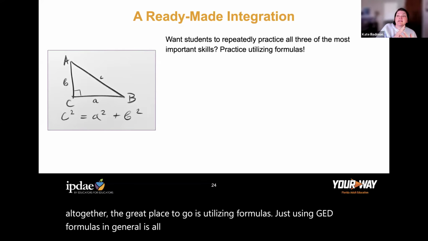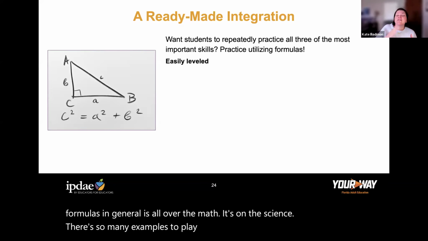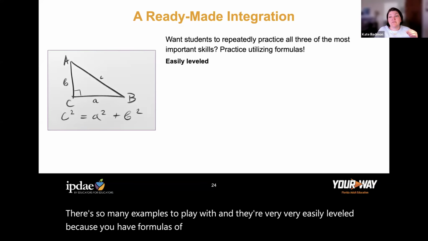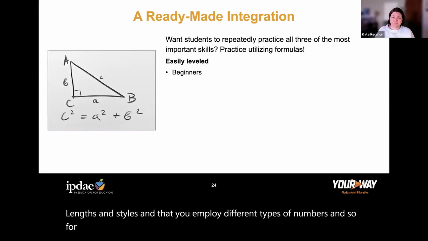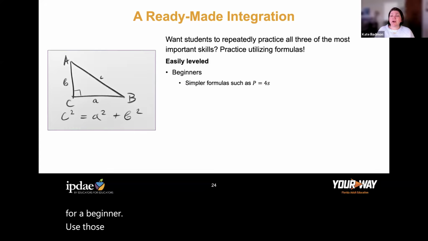It's on the science. There's so many examples to play with, and they're very, very easily leveled because you have formulas of all different lengths and styles, and that employ different types of numbers. And so for a beginner, use those simpler formulas like P equals 4S or distance equals rate times time.